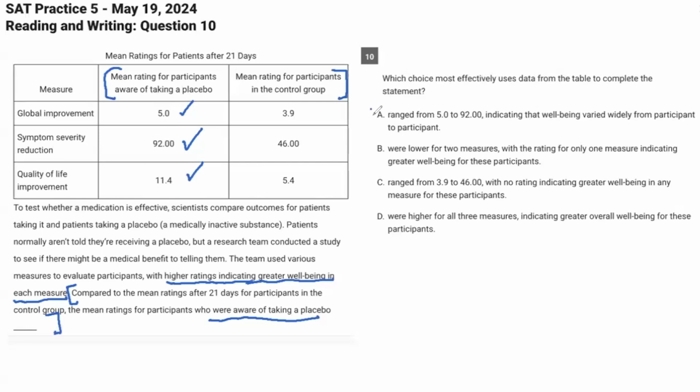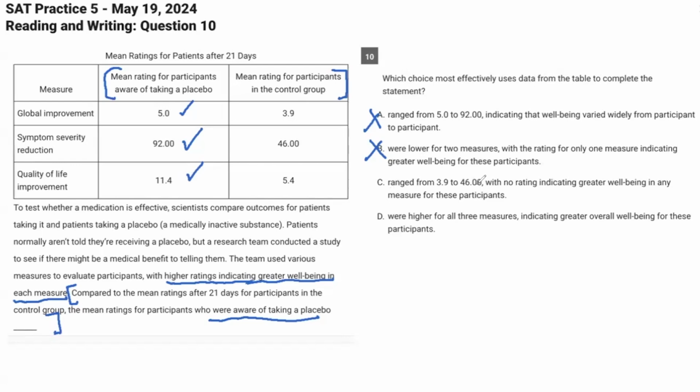So this is out. Choice B states they were lower for two measures with the rating for only one measure indicating greater well-being for these participants. This is definitely wrong because they weren't lower in any of the measures at all. They were higher in all three. Choice C, they ranged from 3.9 to 46 with no rating indicating greater well-being in any measure for these participants.